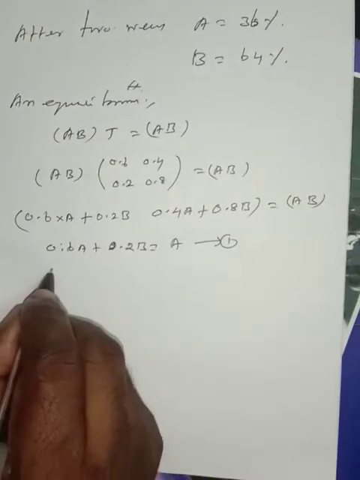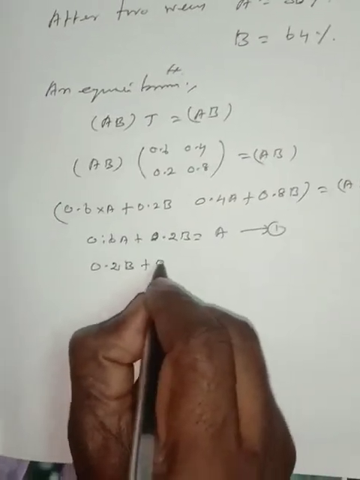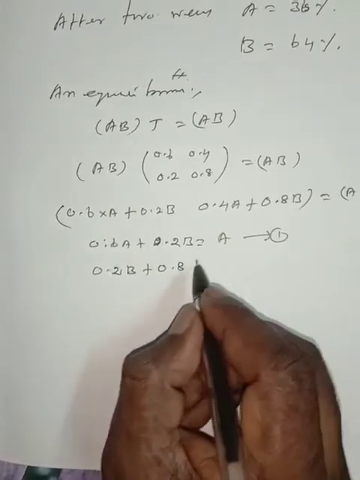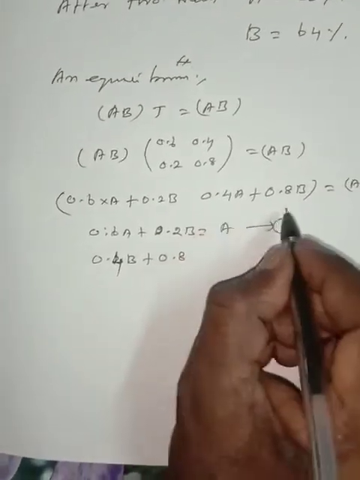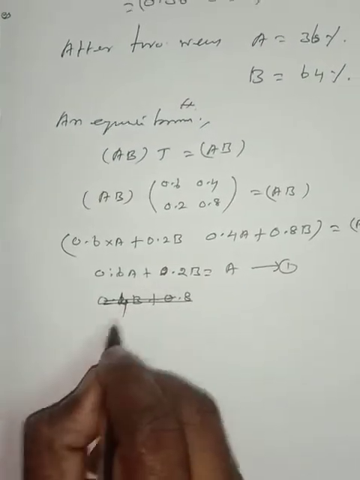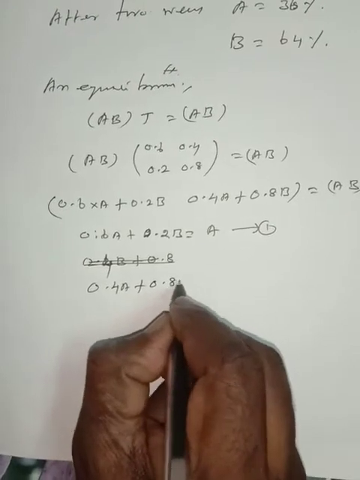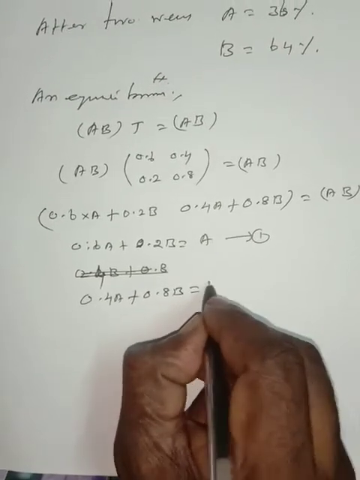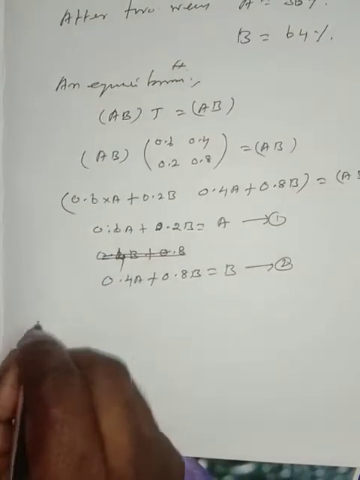Next, 0.4 A plus 0.8 B is equal to capital B. Number this as 2.